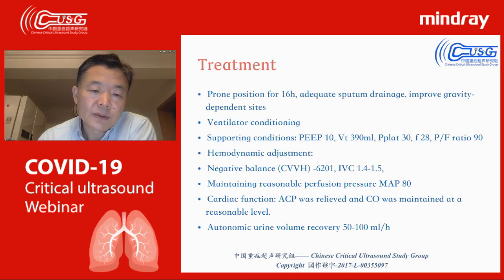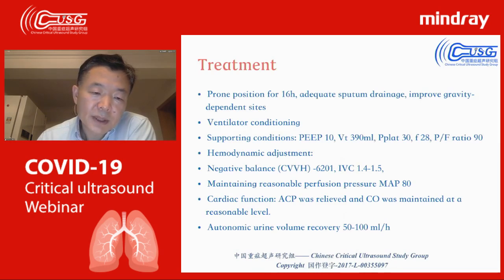And also for the ventilator conditions, they changed from volume control to supported, still volume control. The PEEP to 10 and tidal volume 390, and the plateau pressure lowered to 30, and FiO2 is 90.